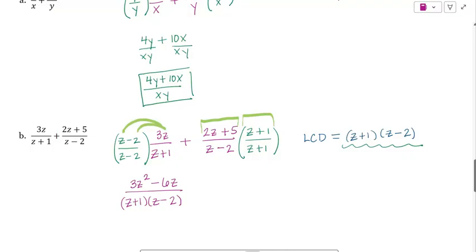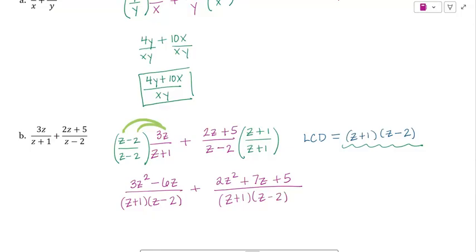So let's see, that's going to be 2z squared. For the inner and the outer terms, we're going to have a 5z and a 2z. So that's going to be plus 7z. And then for our last terms, we'll have plus 5. And then in the denominator, we have z plus 1 and z minus 2.